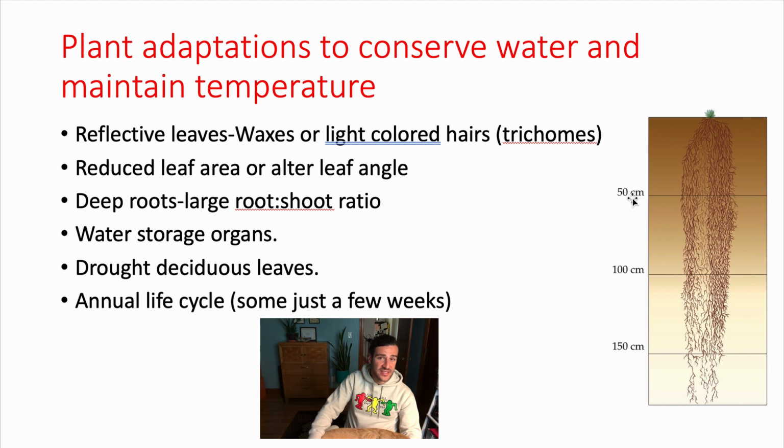But here in desert adapted plants, when it gets really dry, they lose their leaves. So they actually drop their leaves when it becomes very dry. Now, plants are continuously supplying their leaves with water. Water escapes the leaves, and then carbon dioxide takes that space that the water was taking up.